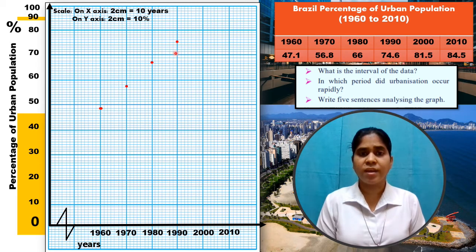So mark over here 74.6. In 2000 we have 81.5. Mark over here 81.5. Lastly, 2010, mark over here 84.5. Let us now draw the lines.